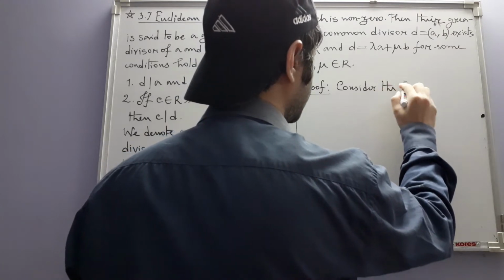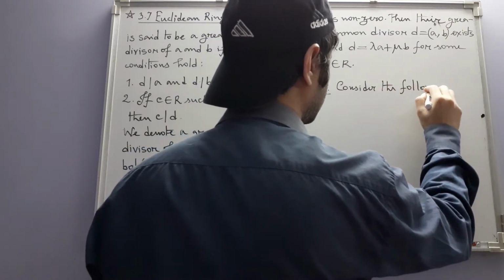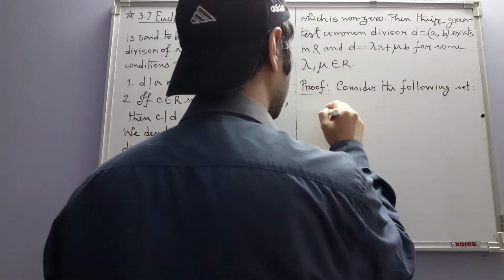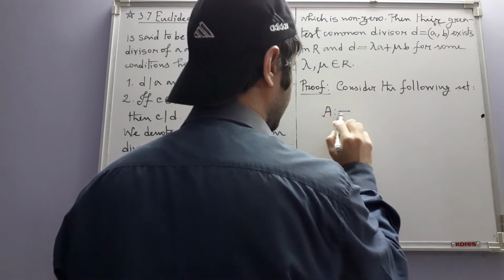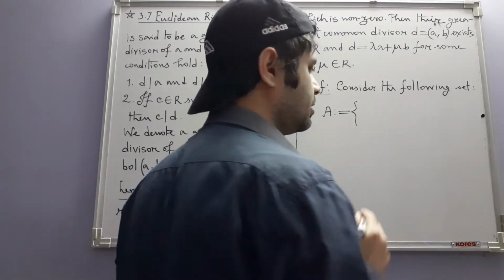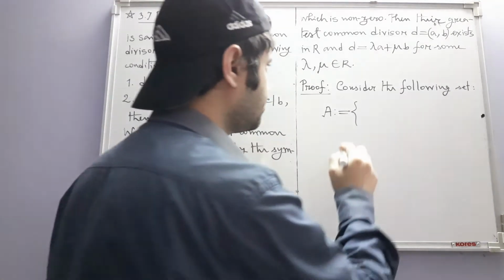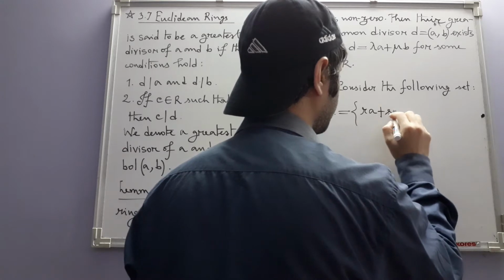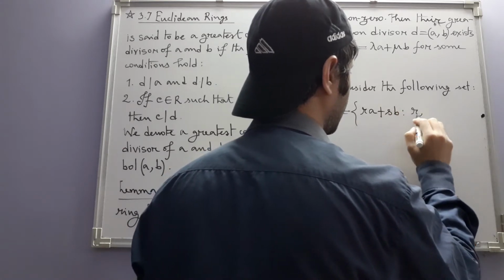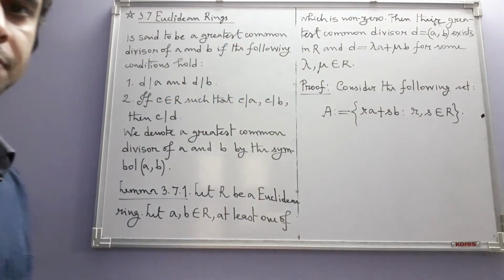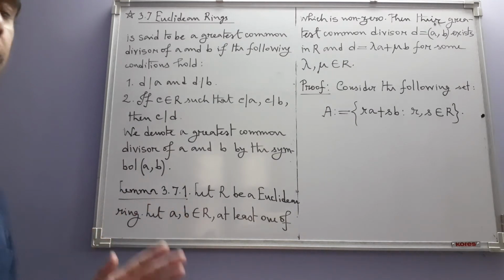Consider the following set A. It is defined to be the set of all elements in the ring R that look like this: RA plus SB, where R and S are arbitrary ring elements. Okay, now we will first show that this A is actually an ideal.